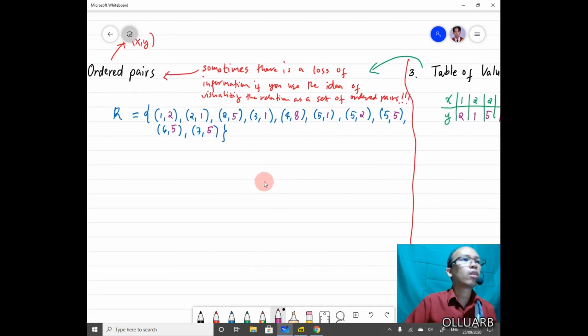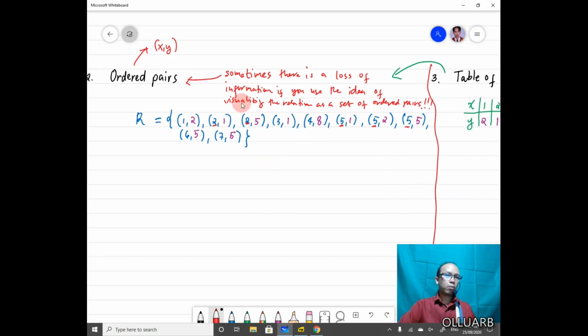Okay, I remember something. If you are given ordered pairs, how would you know that it is a function or a relation? Notice here that if the first coordinate is repeated, like this one, then this set of ordered pairs is a relation.